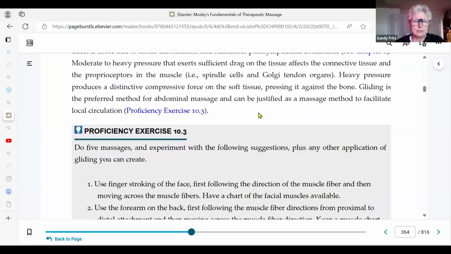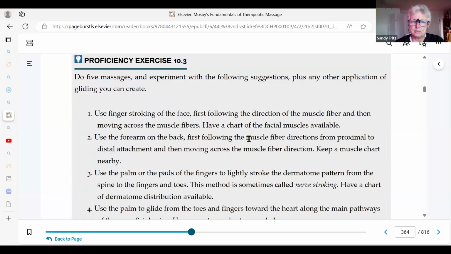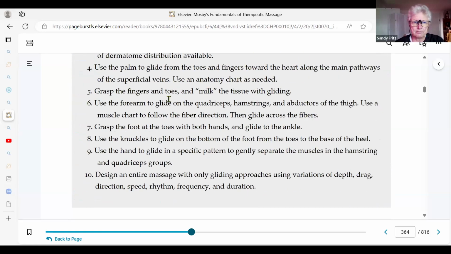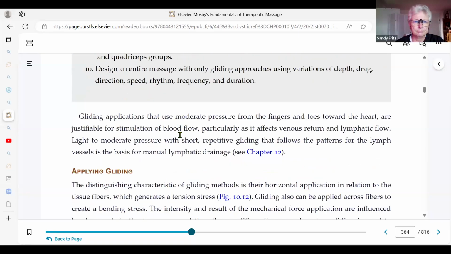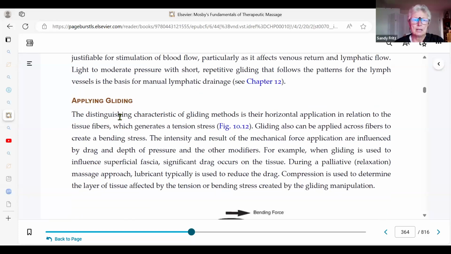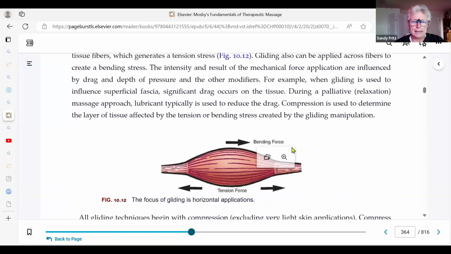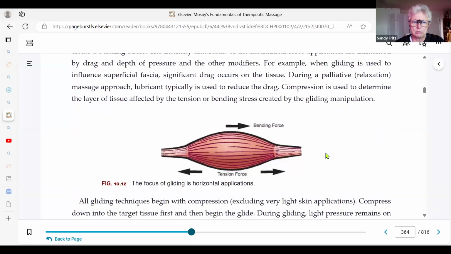Theory of effect, and then some suggestions on how to practice and perfect it. So here's your applying, and it doesn't always have to go in the direction of the fibers here. It can go across too.